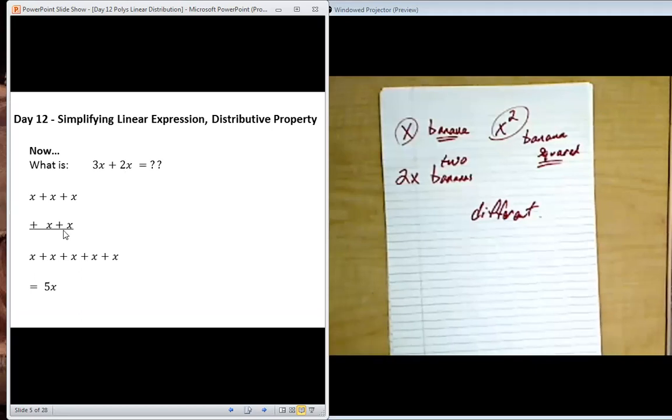Notice they're not multiplied like the exponents. They're added together. It's different. But notice what we get: 5 of these things. They don't change. They stay as x's. They don't turn into x to the power of 5 or anything. They stay as the x's that we see.